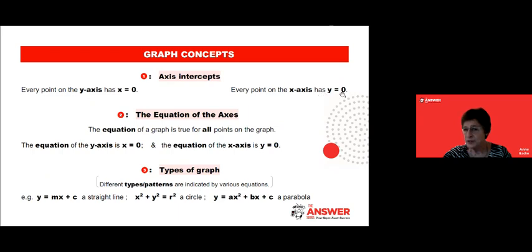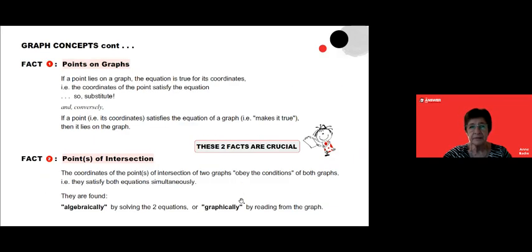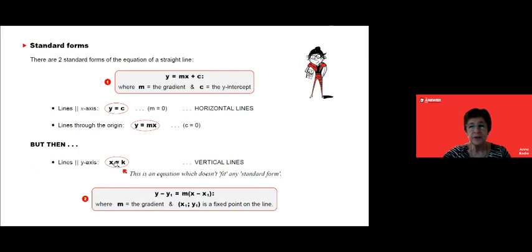Similarly, y equals 0 is true of every point on the x-axis, qualifying it as being the equation of the x-axis. And then, of course, knowing that various types of graphs have various standard forms that we've come across. And the points of the graphs and the points of intersection I've discussed before. Let's have a look at the standard forms.